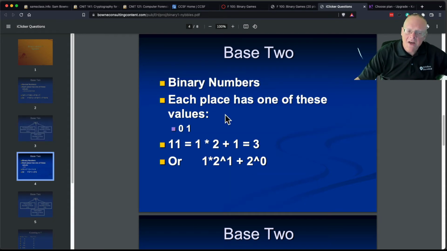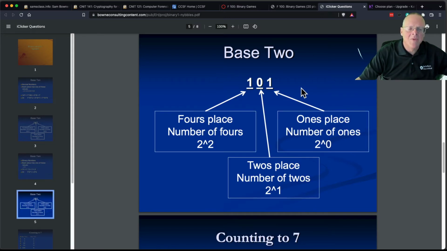So in base 2, you have only 2 possible digits, 0 and 1. If you write 1 1, that means 1 times 2 to the 1 plus 1 times 2 to the 0, so this is 3. A 3-digit number in base 2 looks like this. The digit on the right is the number of 1s, the next digit is the number of 2s, and the next digit is the number of 4s.